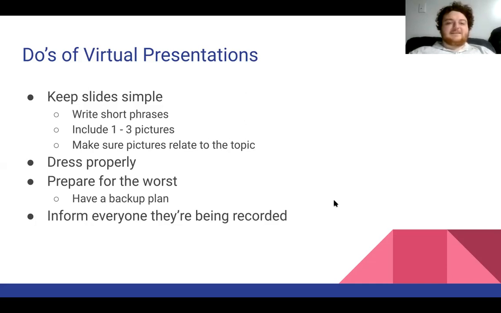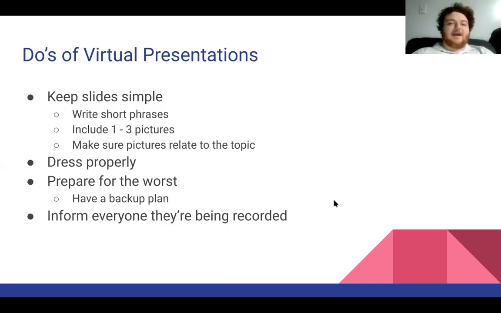When you write sentences, you should make sure the phrases are short. They're not paragraphs long or two sentences long. It should generally be a couple of words. If you do have pictures, make sure that they're related to the topic.